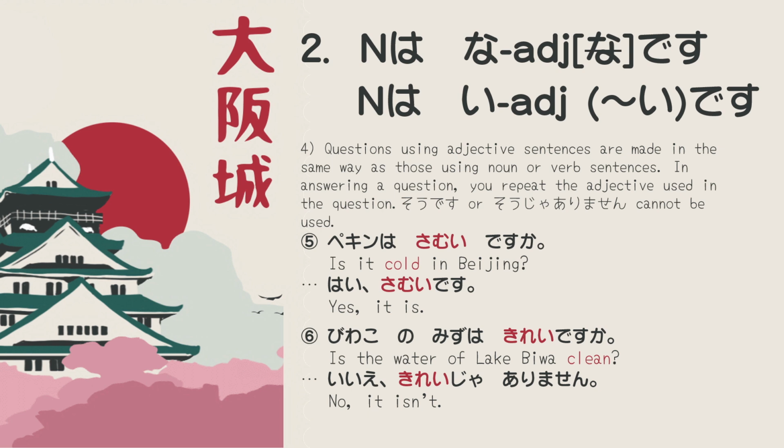Questions using adjective sentences are made in the same way as those using noun or verb sentences. When we answer an adjective question, you repeat the adjective used in the question. So des or so ja arimasen cannot be used.